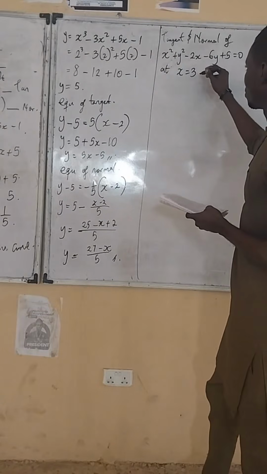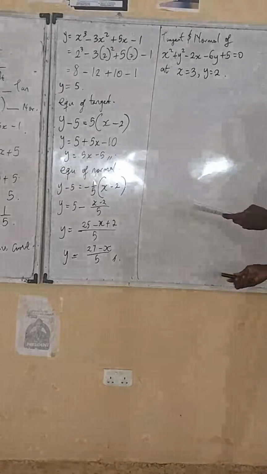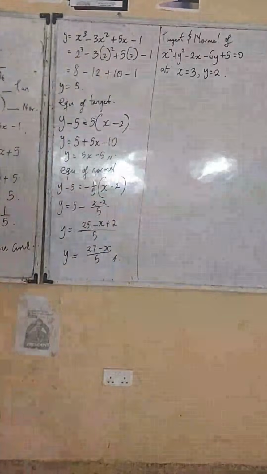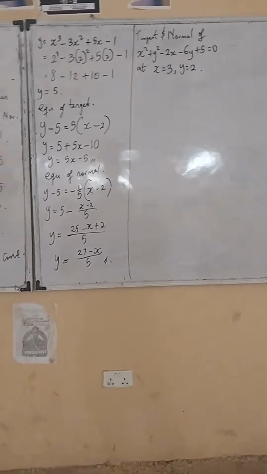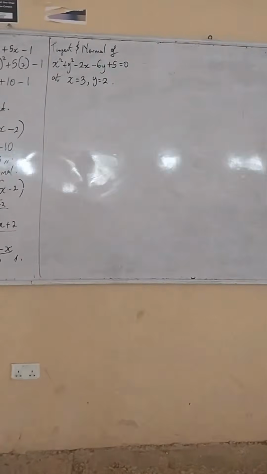At x equals 3, y equals 2. So we have to get the tangent and normal of this at x equals 3 and y equals 2.